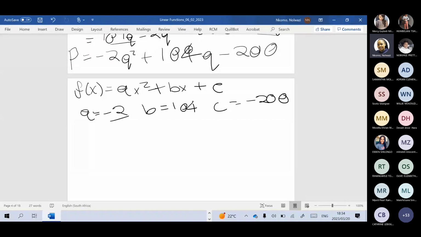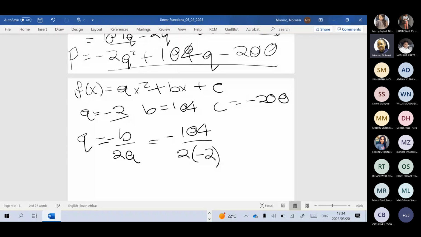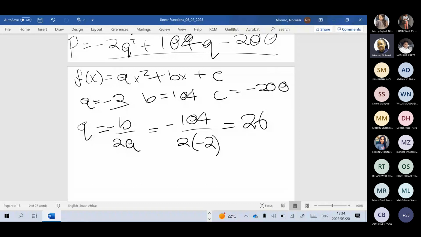To find the turning point, you know that Q is equal to minus b over 2a. Our b is 104 and our a is minus 2. If you punch this in your calculator, you should get 26. So Q is equal to 26.